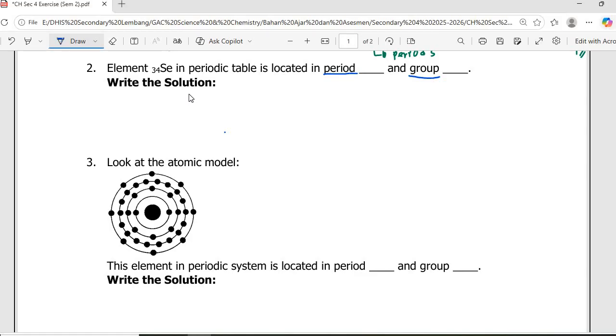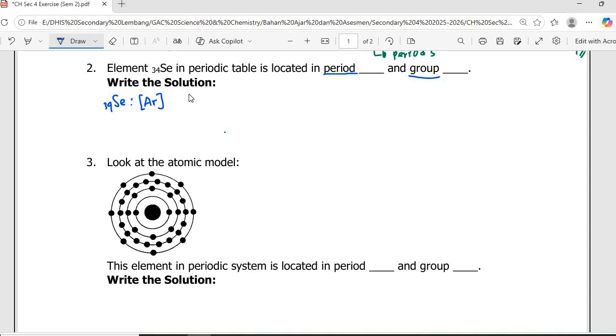So the first thing that you have to do is determine the electron configuration of selenium, based on its atomic number. The electron configuration starts from Ar, or argon. Now we would like to write the shortcut one.